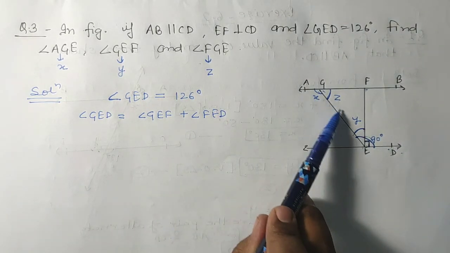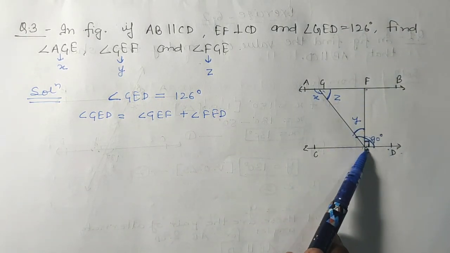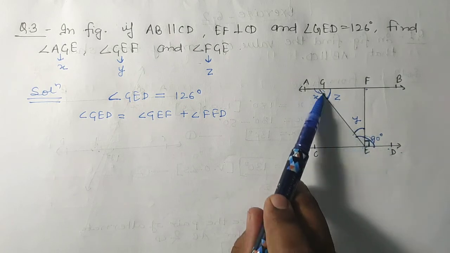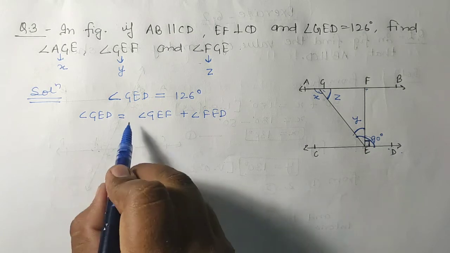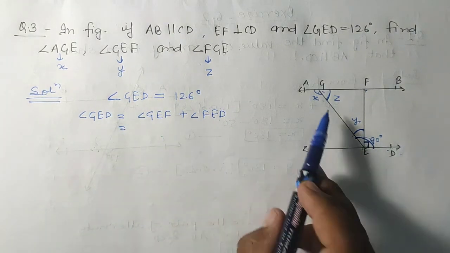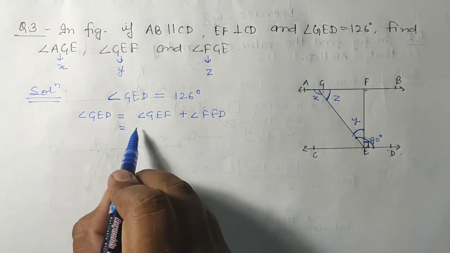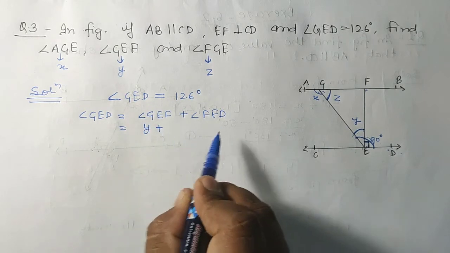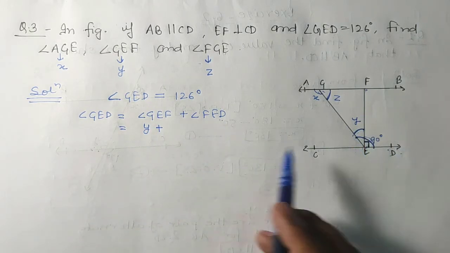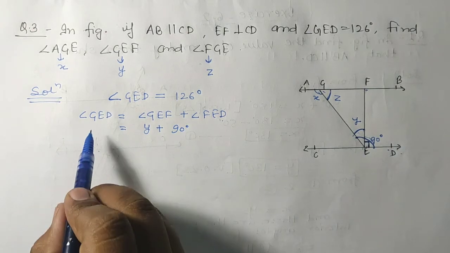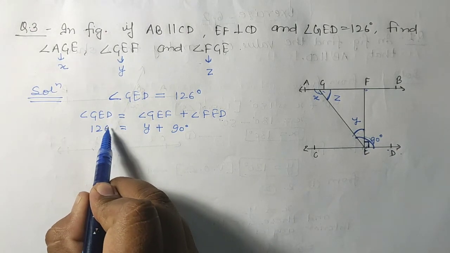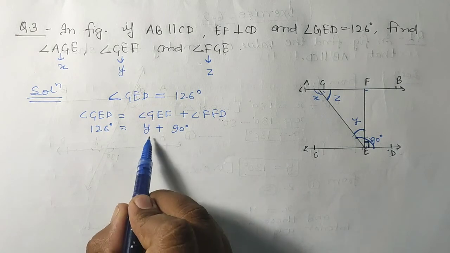If we add these two angles, we get angle GED. Angle GEF we have supposed Y, and angle FED is 90 degrees, and this is equal to 126 degrees.